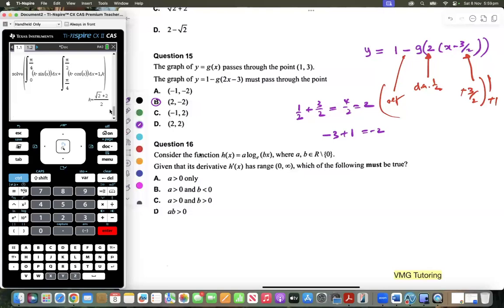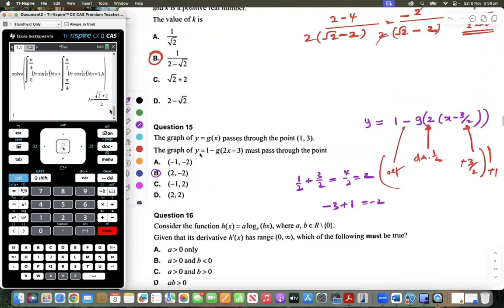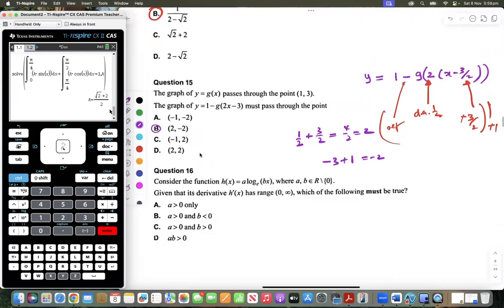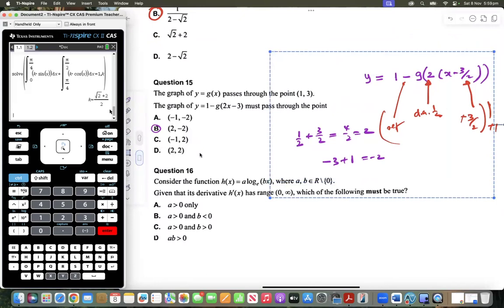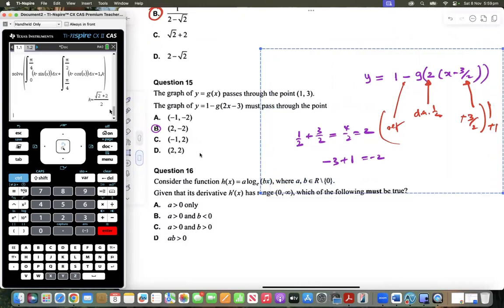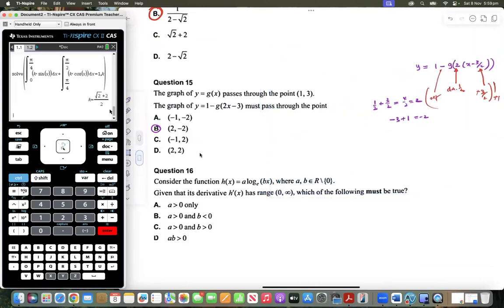Your answer is B. The other method you can do, actually, I was thinking, you can consider this as a graph, right? Get a typical graph. Let me minimize this. We get a typical graph. So you have a parabola, right?